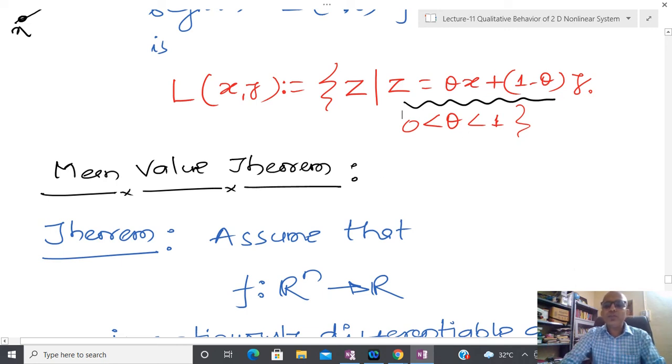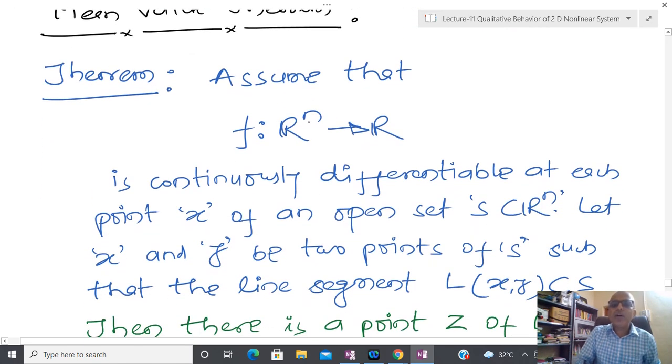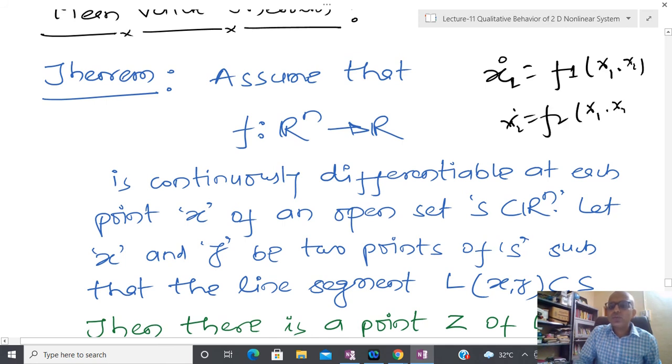What the mean value theorem tells us is, suppose you have a function mapping from R^n to R. You might have seen that suppose I take a two-dimensional system, x1 dot equals f1(x1, x2) and x2 dot equals f2(x1, x2). Could you please tell me what is the mapping of this particular function f1(x1, x2)? Anyone?